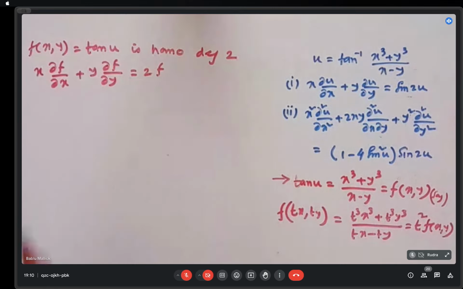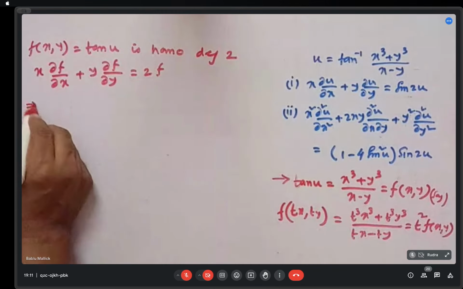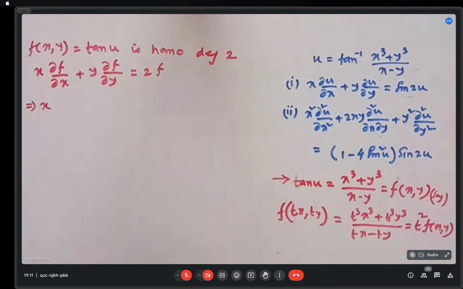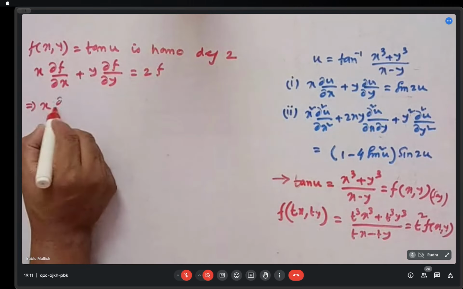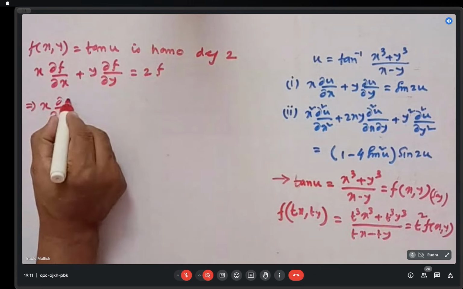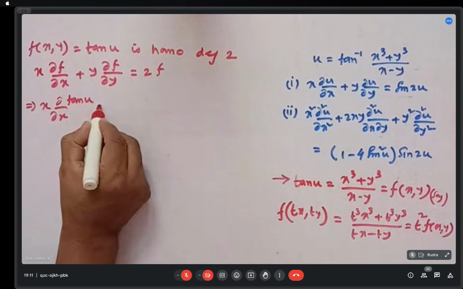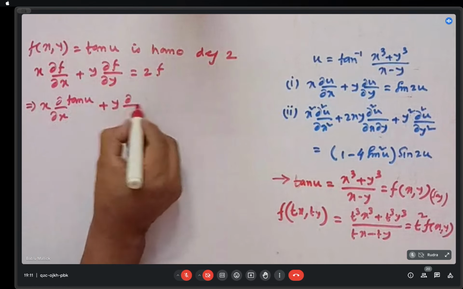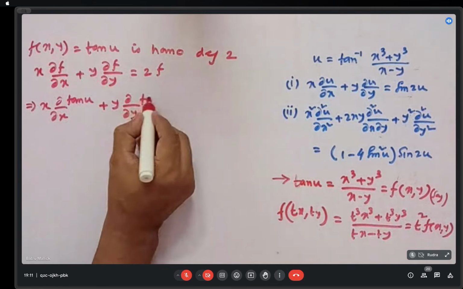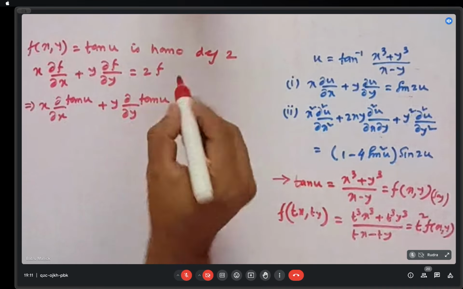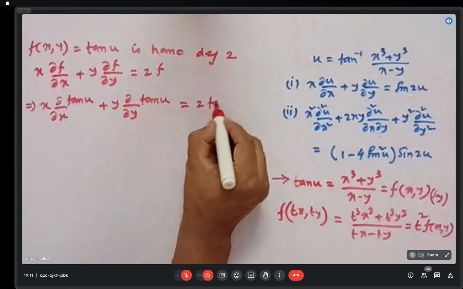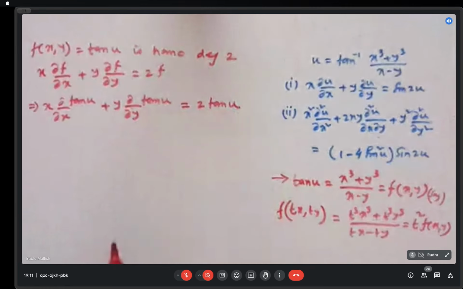We shall put the value of f here. So we get x into del x of tan u plus y into del y of tan u is equal to 2 tan u.